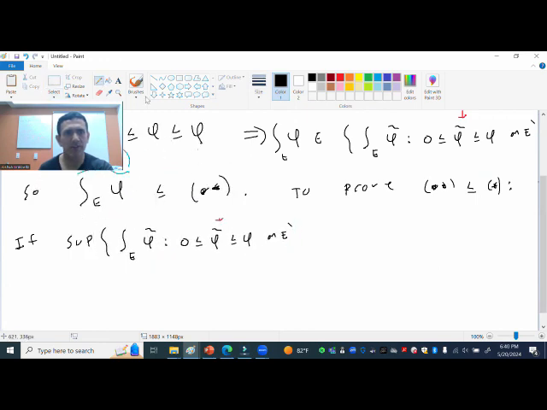But whenever I write this, I mean this is going to be simple. Okay, so the supremum is infinite. Then that means this set here is unbounded.